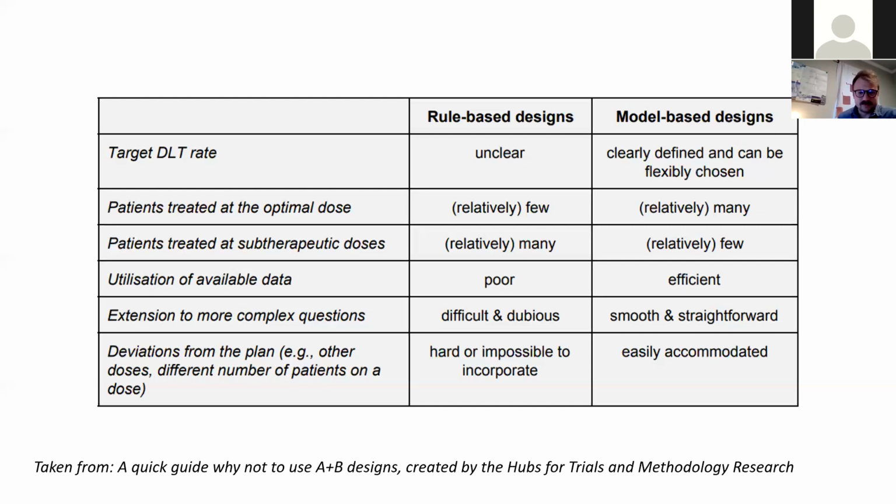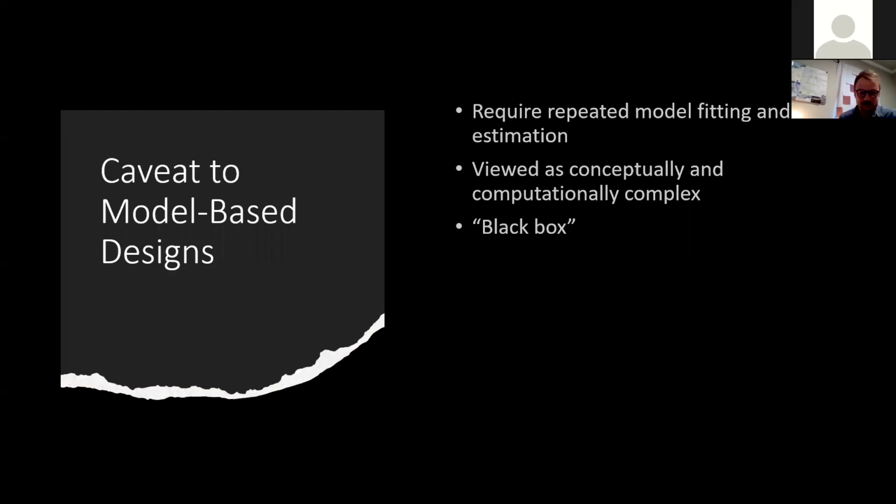So with all these positives I just talked about, why isn't everybody using the CRM or a model-based approach? Well, like I said before, it's for the reason that they weren't adopted initially. They're pretty statistically complex, and it's not really easy to explain what's happening in terms of your decision making.